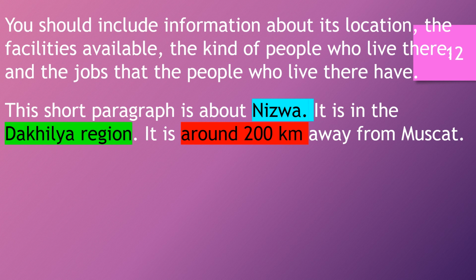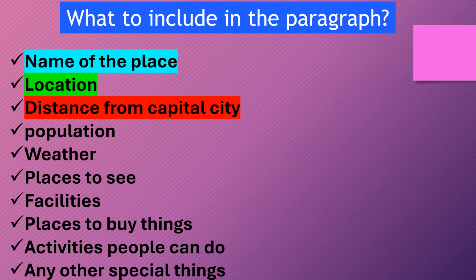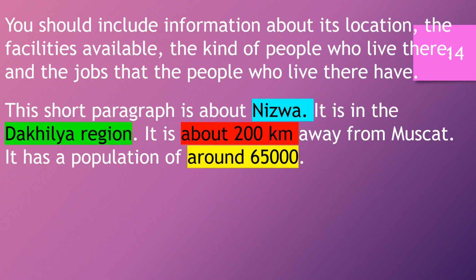So we finished with the name, the location, and the distance. What next? Next, you have to write about the population of the place. You don't always know the population of the place, so you can write a rough figure. For example, in this case, we are writing it has a population of around 65,000. You can use the word around or about for the distance and the population.